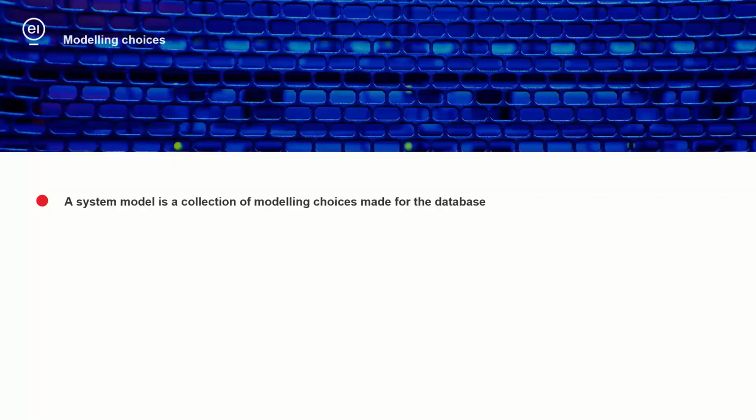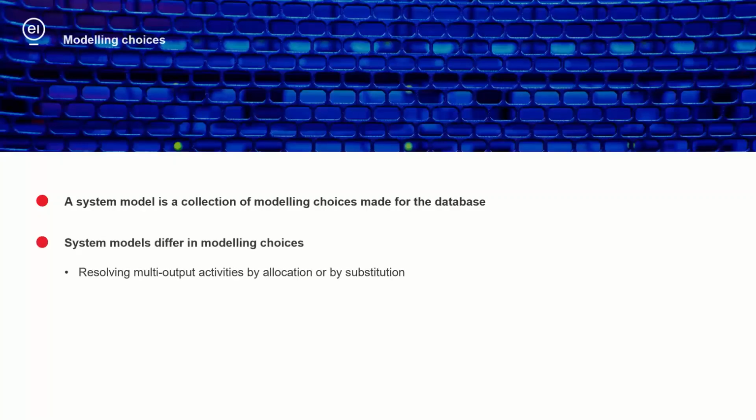These modeling choices define how the data sets are linked between each other. So we have three modeling choices that define how this linking will happen. First is how to resolve multi-output activities. In the ecoinvent database, in the different system models, we have either allocation or substitution.